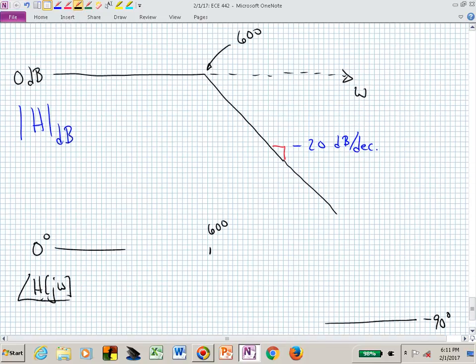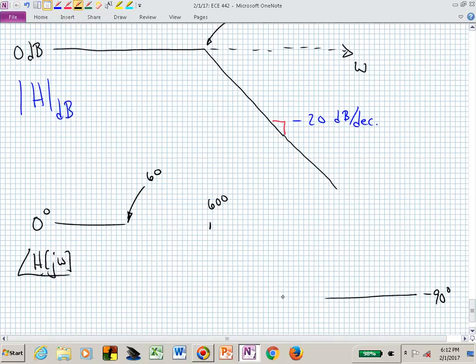That's actually halfway between these two extremes. And in a straight line approximation, we're saying start changing a decade before the break frequency, which in this case is 600, and quit a decade beyond that break. So if I can sketch this somewhat accurately, there would be 6,000. And this would just be a straight line approximation. And right here, at this point, is halfway between 0 and minus 90, or minus 45.